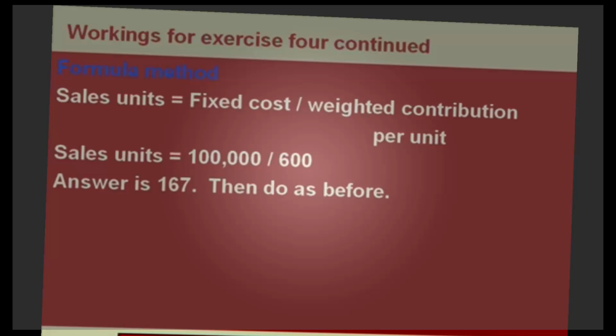So sales in units is 100,000 fixed cost over weighted contribution per unit. The weighted selling price was 1800. The weighted variable cost, which took both into account, is 1200. So the weighted contribution is 600. Answer is 167, but then you do it as before. The stereo is 167, and the TV has to be double that, 334.